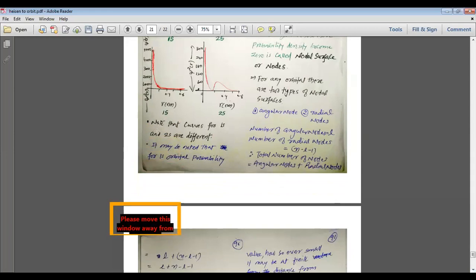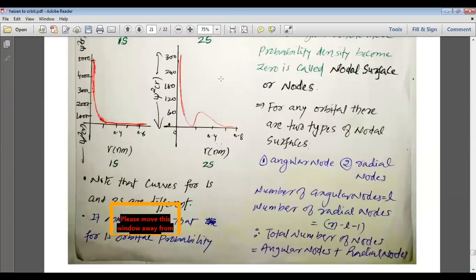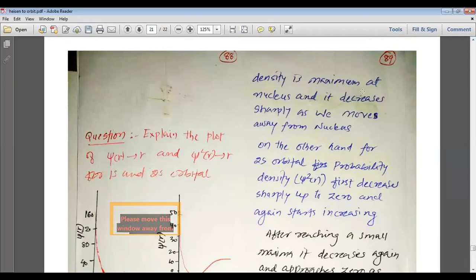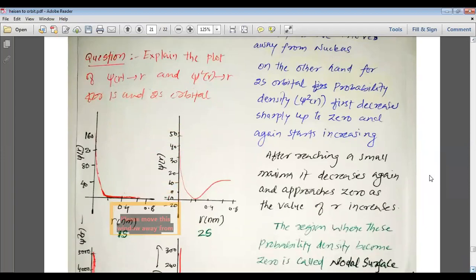Note that the curves for 1s and 2s are different. It may be noted that for the 1s orbital, my dear students, the density is maximum at the nucleus and it decreases sharply as we move away from the nucleus. On the other hand, for the 2s orbital, the probability density psi square r first decreases sharply up to 0 and then again starts increasing.